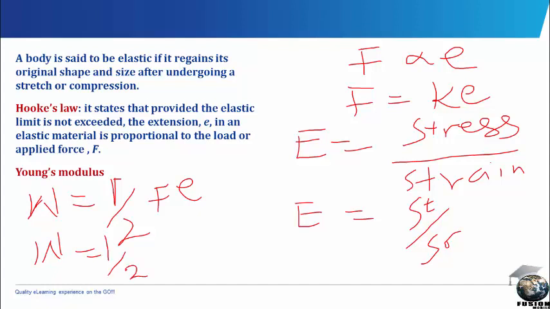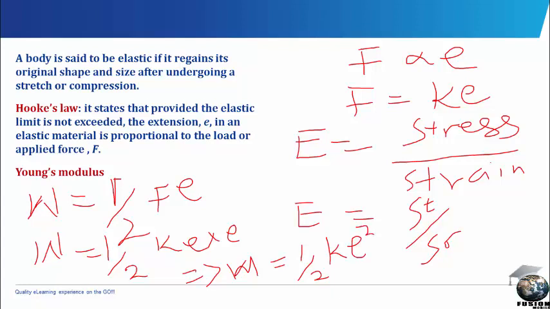Now replacing F with Ke, we'll have half times Ke, then times e, which means that work will be equal to half times K, then e times e. What do we have? We'll have e square. And work done in an elastic material is half K e square. Please don't mix it up with Young modulus of stress and strain.